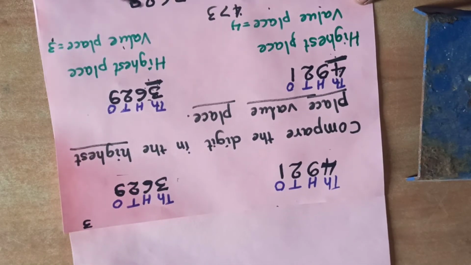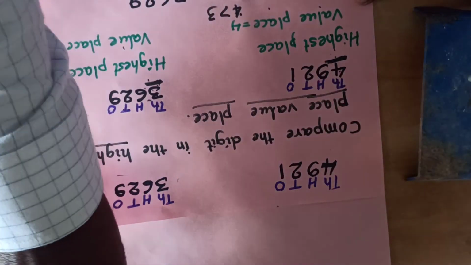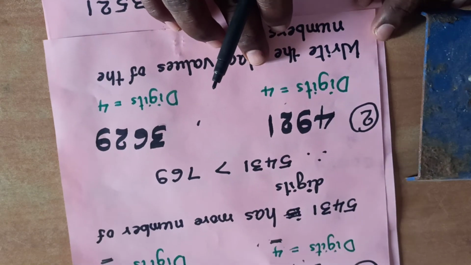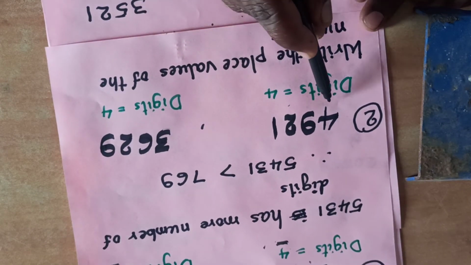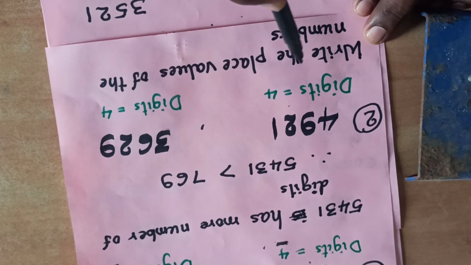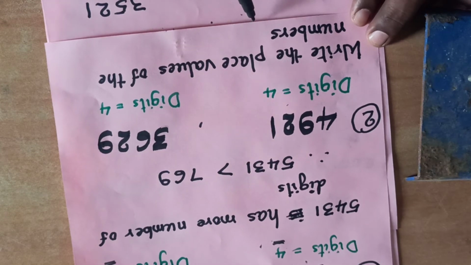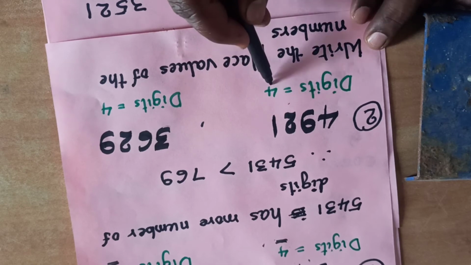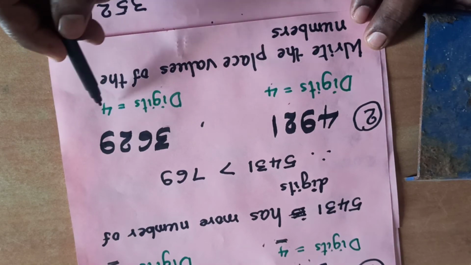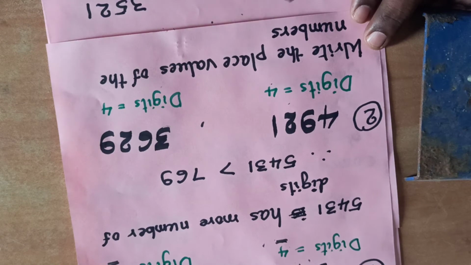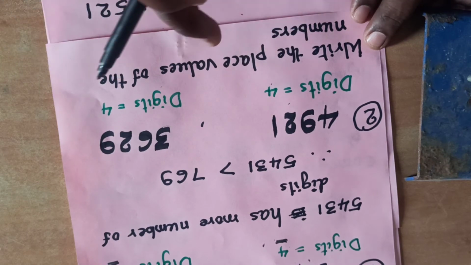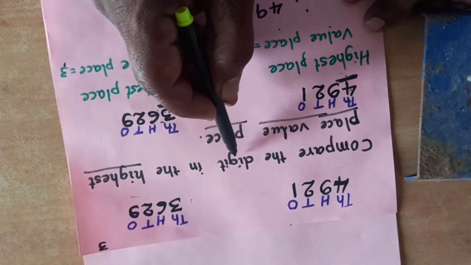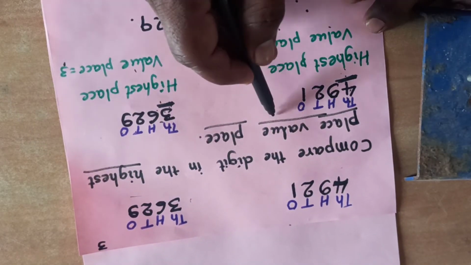Once again, I will explain. The first rule is to check the digits. The number of digits in this number is 4. In this number also the digits are 4. So if the digits are the same in both numbers, we compare the digit in the highest place value place.